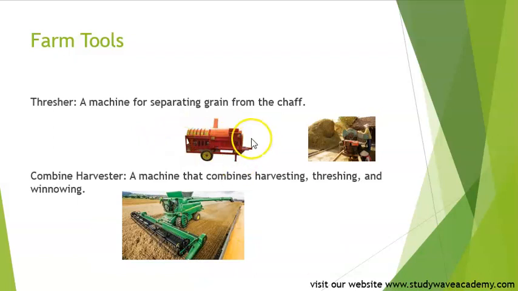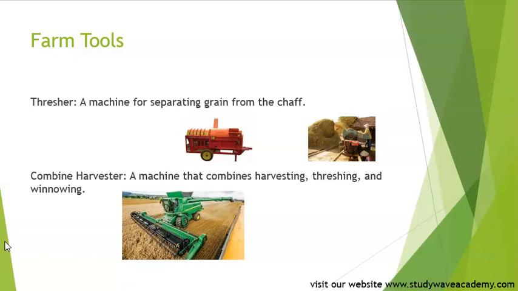This is called a thresher, a machine for separating grain from the shaft. Then we have the combine harvester, a machine that combines harvesting, threshing, and winnowing. Okay? So all these are farm tools.